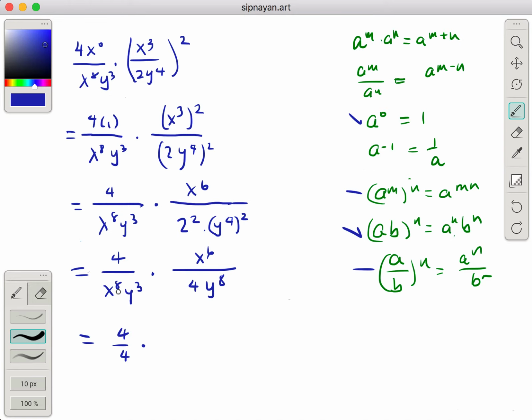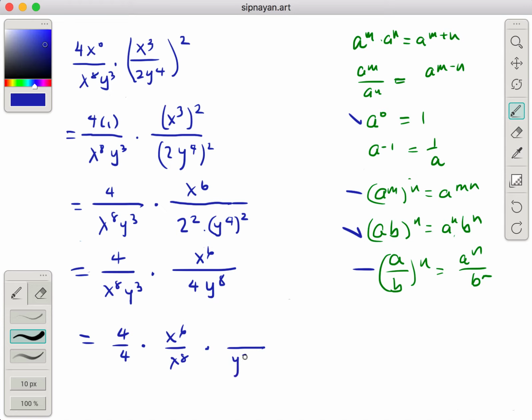Yung x to the 6, anong kapares niya? X to the 8, no? So, by the way, hindi nyo siya pwedeng ilipat, ha? Pag nasa numerator siya, dapat yung pag i-rearrange kayo, nasa numerator pa rin. Kaya ito, x to the 6, hindi siya pwedeng maging sa denominator. Yung y cubed tsaka yung y to the 8 nasa denominator.